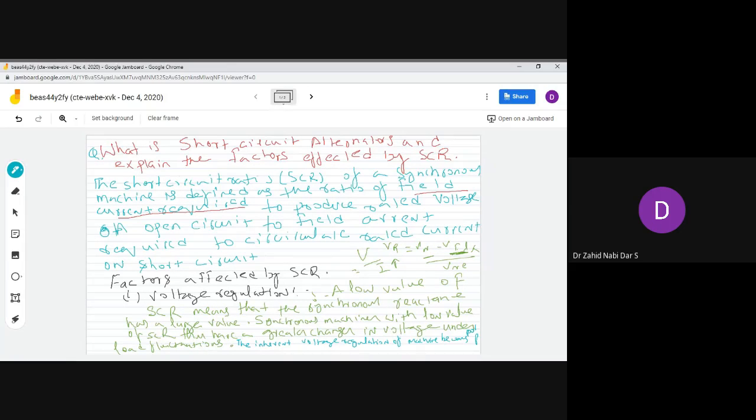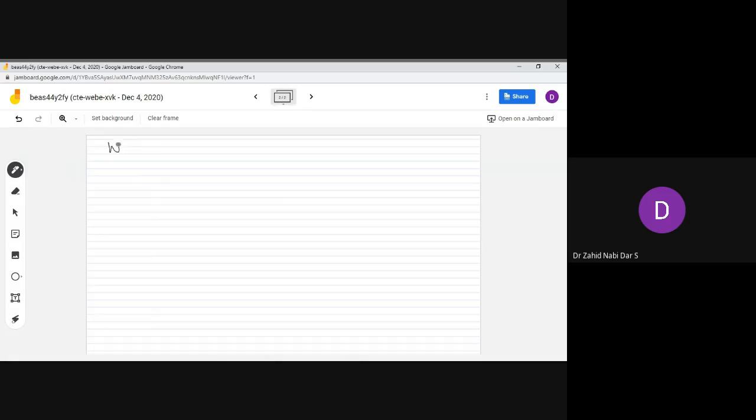While connecting, we need to connect machines in parallel and in sync.